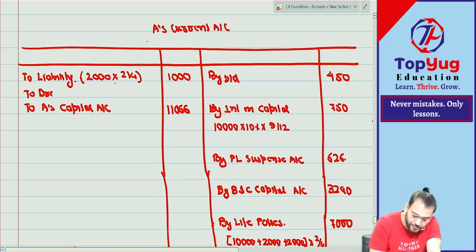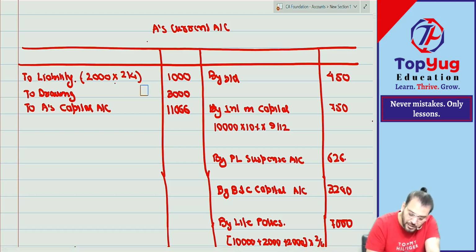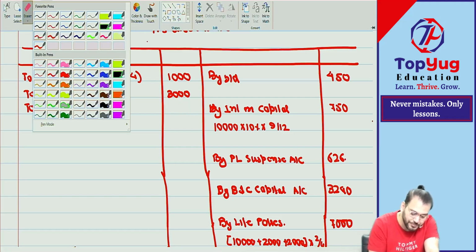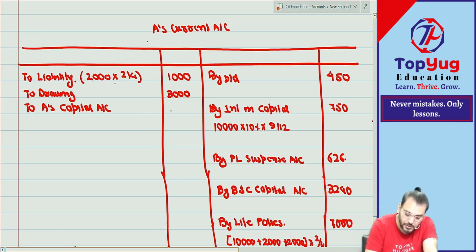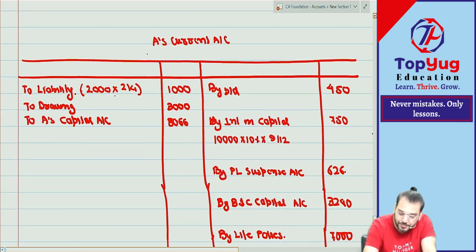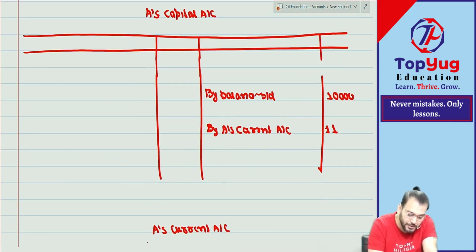So drawing how much? 3,000. Then how much is it coming? 8,066. Now it will be correct.